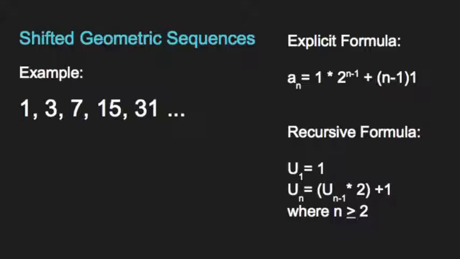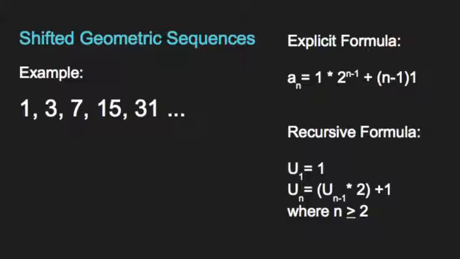And the next step is actually a shifted geometric sequence. That's where you multiply each term by a number, and then you also add a number. An example of a shifted geometric sequence would be 1, 3, 7, 15, 31.